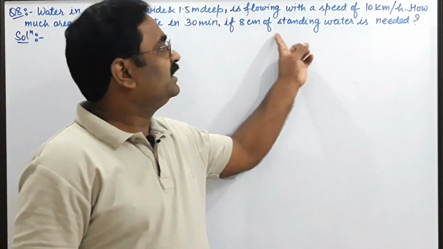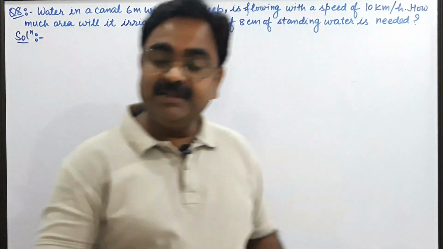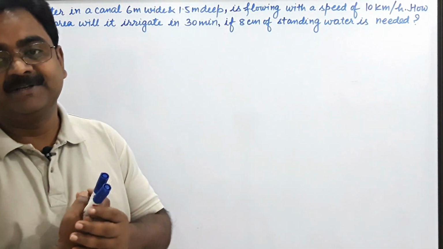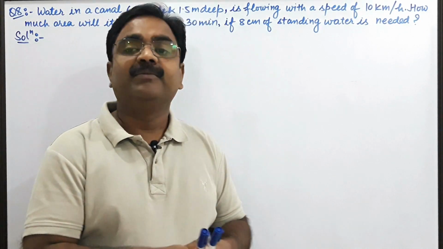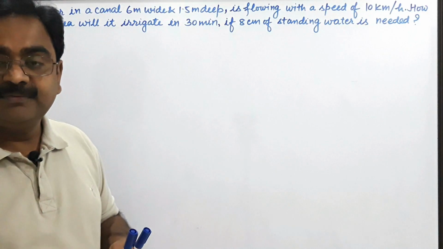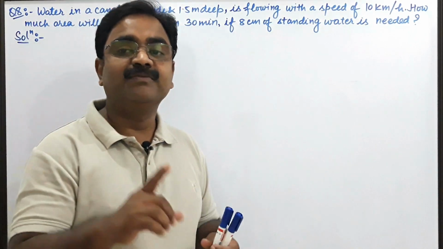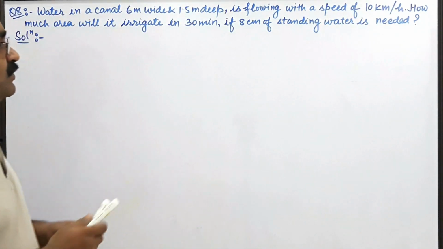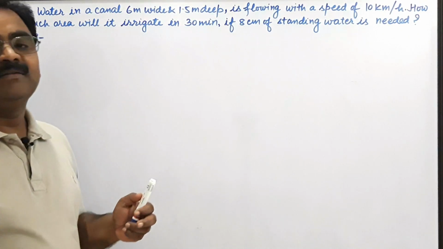If 8 centimeter of standing water is needed, means in the field the height of water needed is 8 centimeter. Then we need to find out the area of what? Area of field which will be irrigated in 30 minutes. So first of all, the speed of water is given in 1 hour.